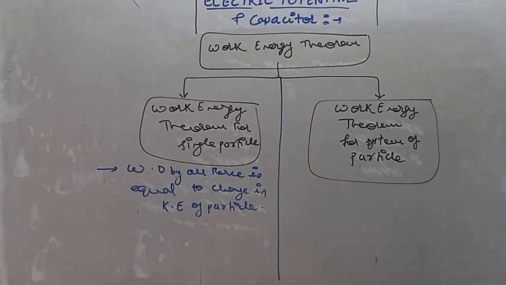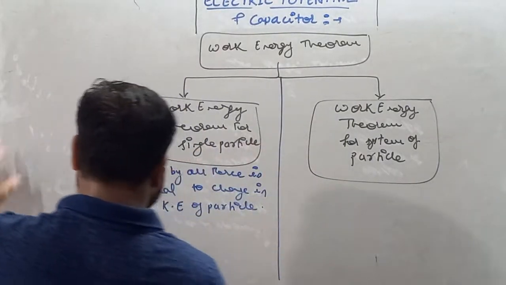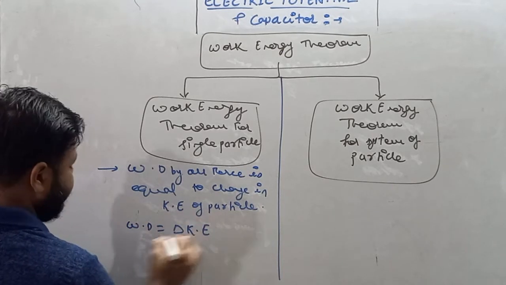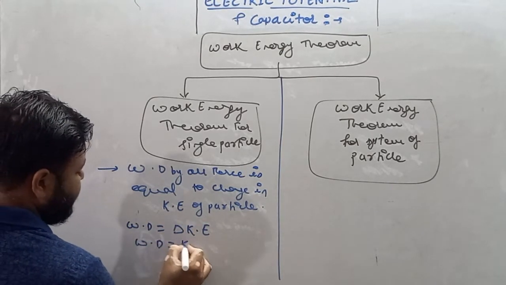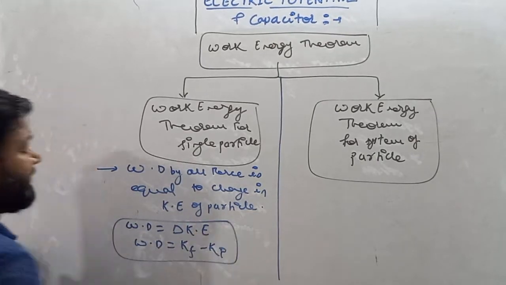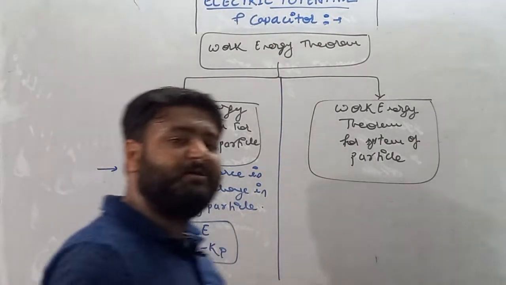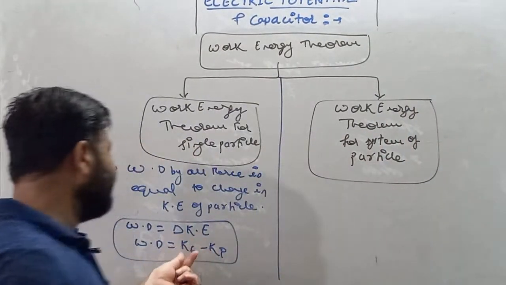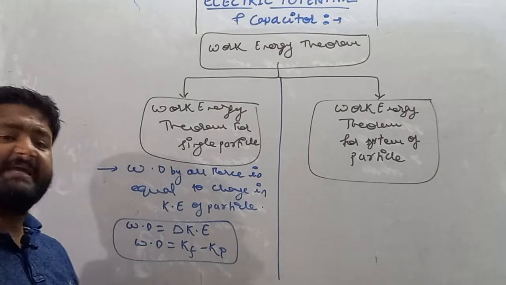This is the work energy theorem for single particle. Work done by all the forces is equal to change in kinetic energy, which we can write as K final minus K initial.